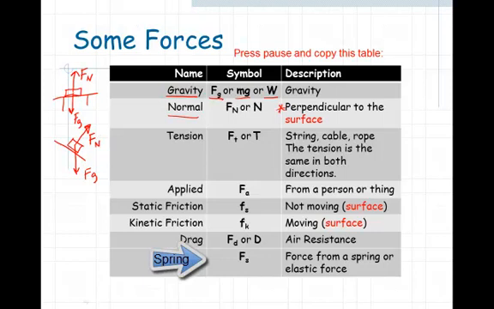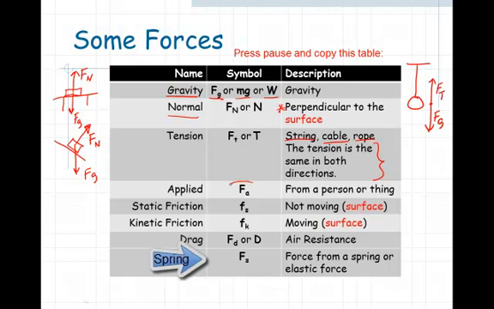The force of tension is produced whenever there is string, cable, rope. And something you should know about the force of tension is that it's the same in all directions. So for example, if we've got a ball that is hanging, that ball would have a force due to gravity downward and a force of tension upward.